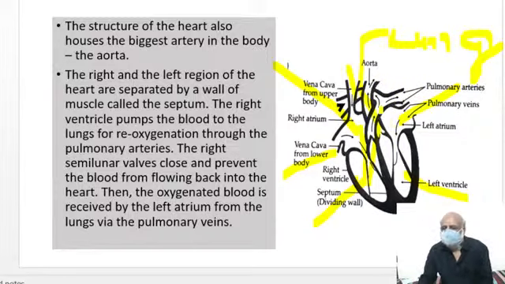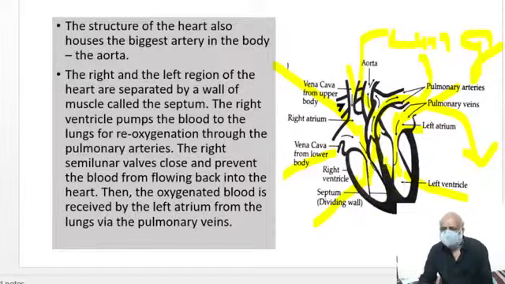Similarly, at the time when atrium is relaxed, the blood comes through the vein from the lungs, that is pure. Now when left ventricle is relaxed, it comes to the ventricle. Next time when ventricle contracts, it goes to the body through aorta.